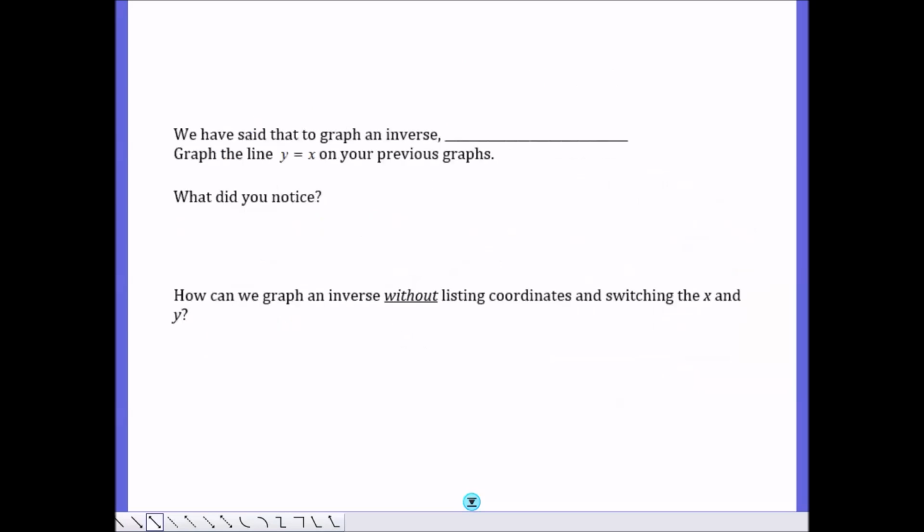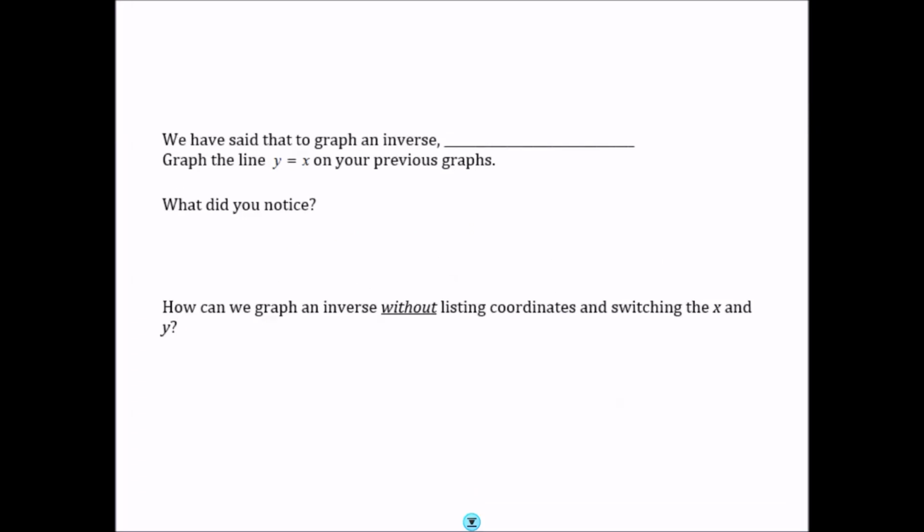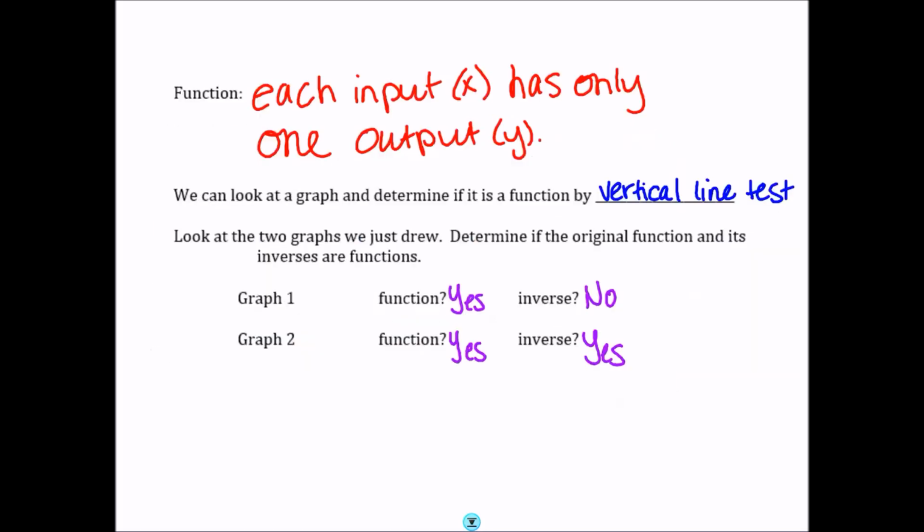So, one more thing to look at. We have said that to graph an inverse, you switch x and y. But there's another way to figure out the inverses. I'm going to go back and graph the line y equals x on all of my graphs.